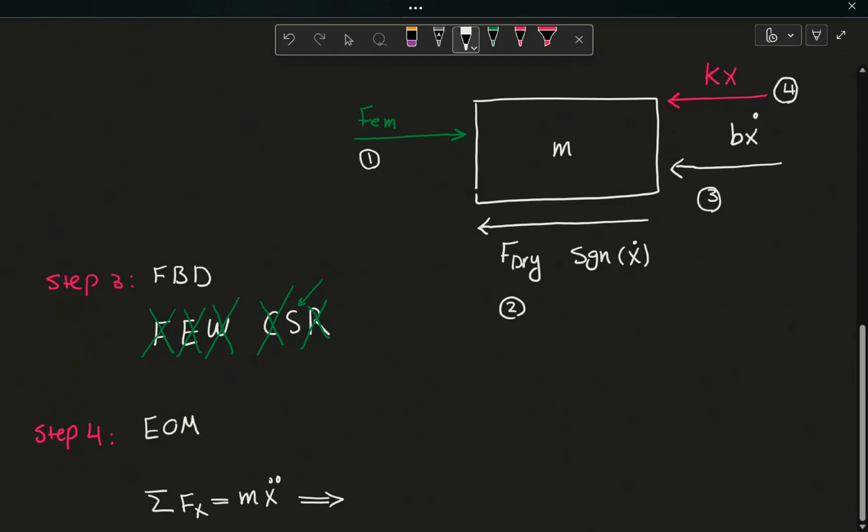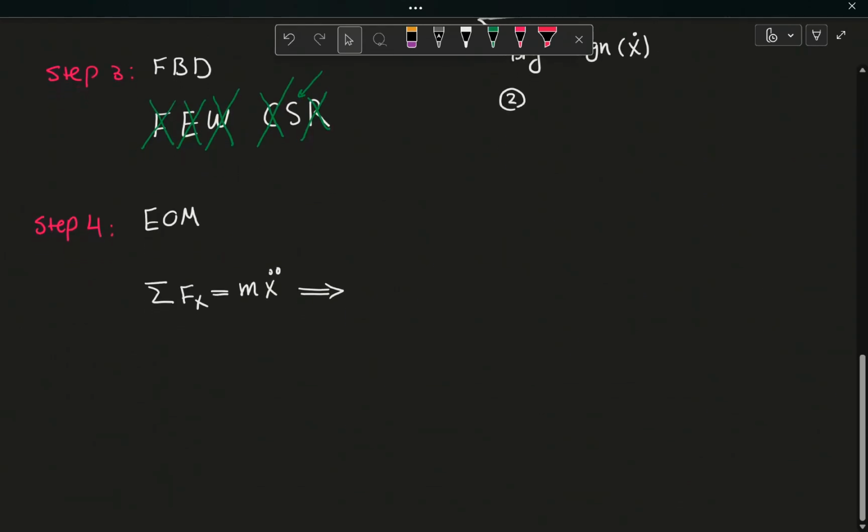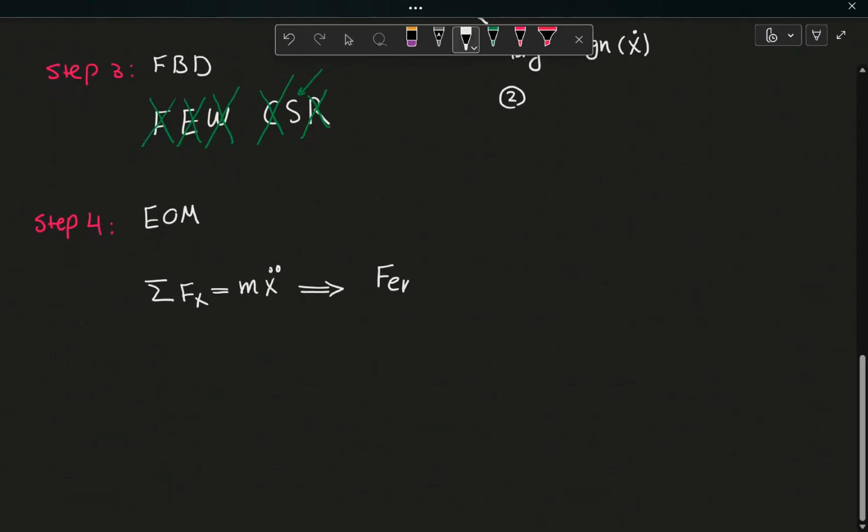Among these 4 forces, you notice that only F electromagnetic is in the positive x direction. The rest of them are pointing to the left, which is the negative x direction. So I bring F EM with positive sign and the rest of them with the negative sign.